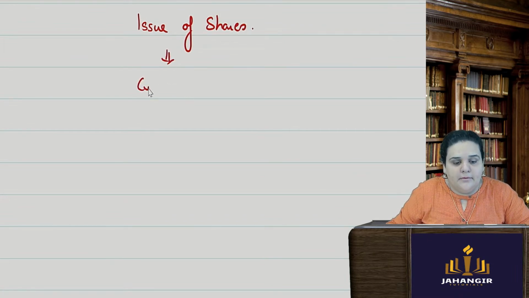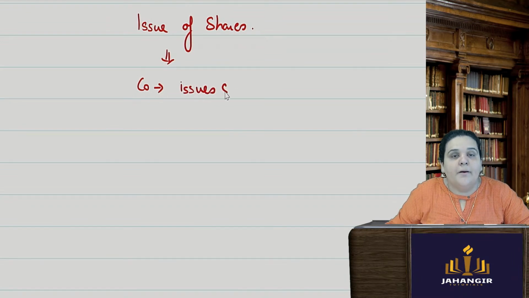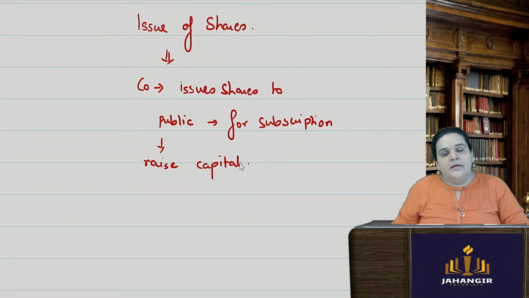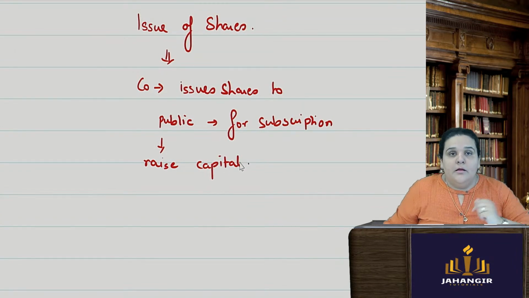When a company issues shares to the public for subscription, why do they issue this? In order to raise capital, in need of capital. So in order to raise capital, the company issues shares to the public.